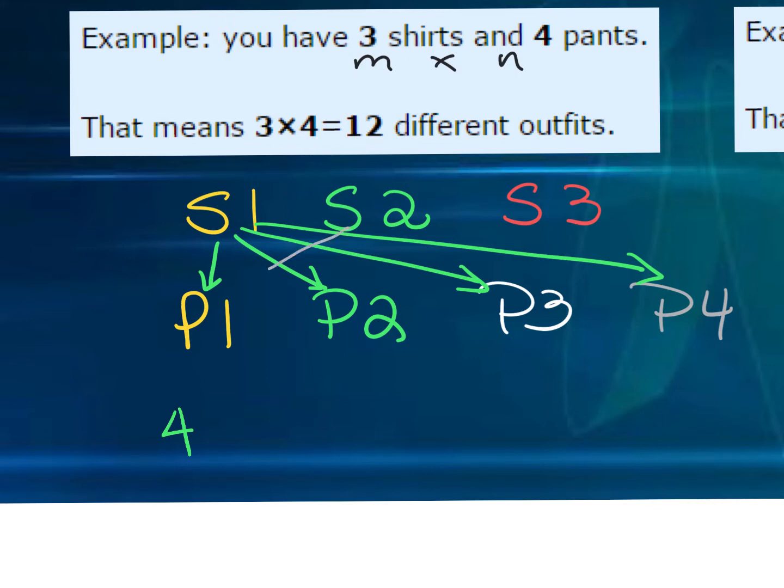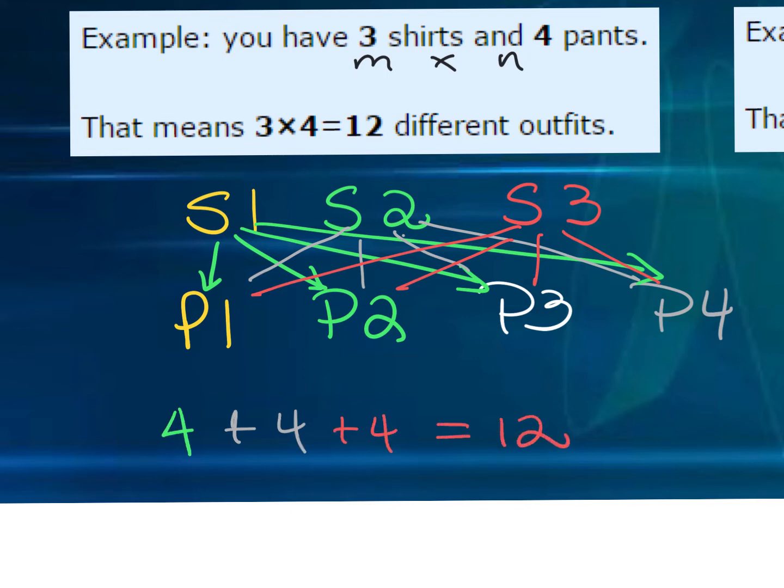You could put it with the yellow pants, the green pants, the white pants, and the gray pants. So I got another 4 outfits. And then lastly, we could take the red shirt, put it with the yellow pants, green, white, and gray for another 4 outfits. And notice it's a total of 12.